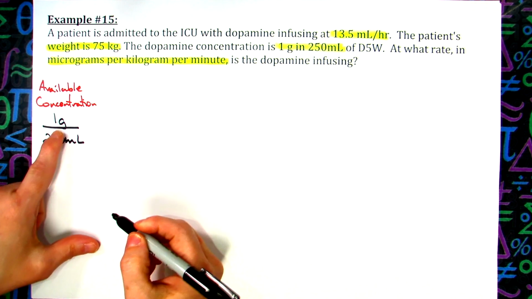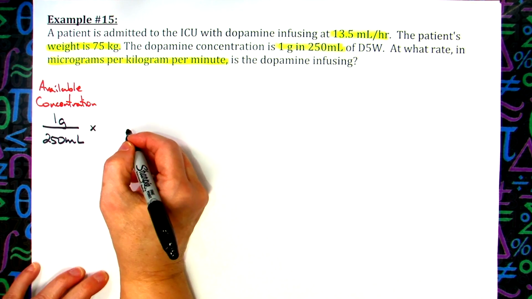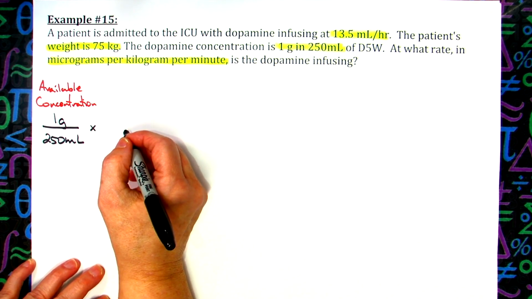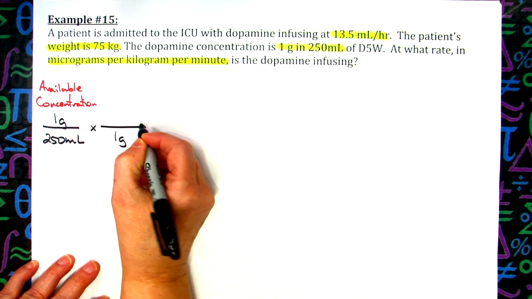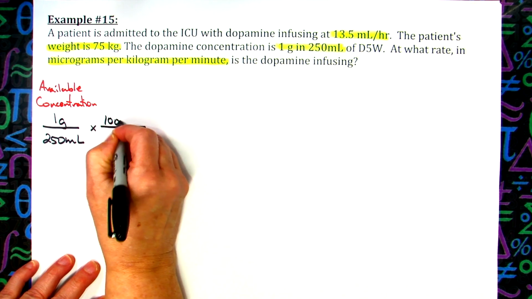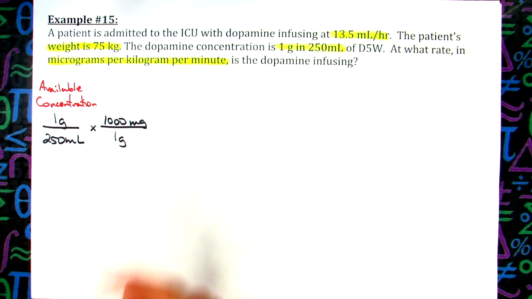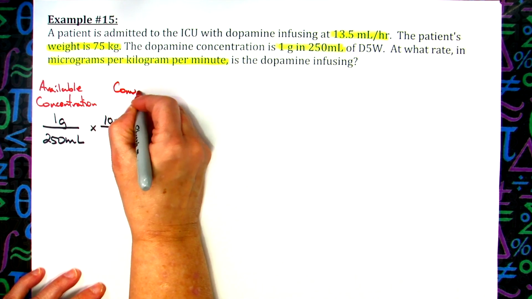I know I've got to get my grams down to micrograms. So again, you have to have this one memorized. 1 gram is 1,000 milligrams. Then I'll go from milligrams to micrograms. So 1 gram, and then I'll have 1,000 milligrams. Not exactly where I need to be yet, but it is moving in the right direction.